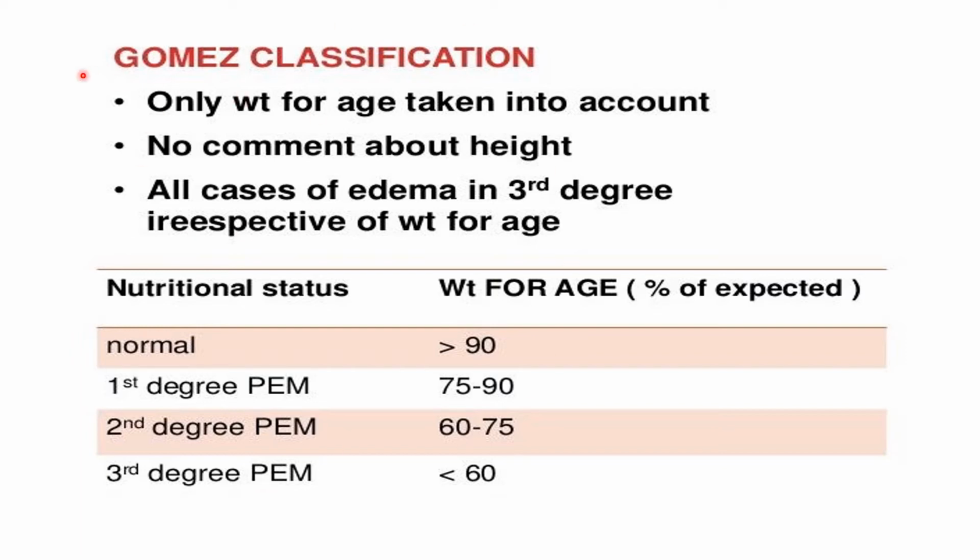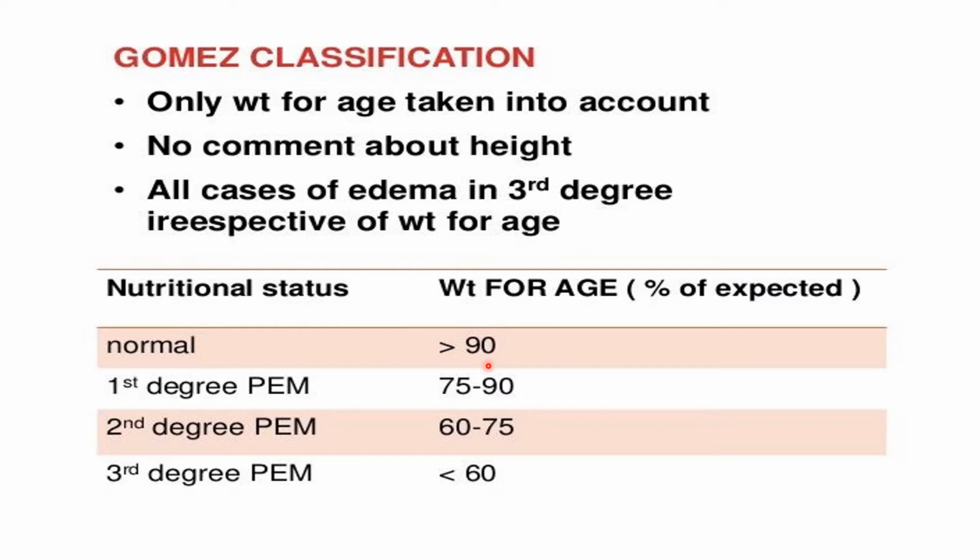So what this Gomez classification says: weight for age, weight for height and height for age are mainly the indices used for children to assess the nutritional status. According to the Gomez classification, we consider the nutritional status of a child normal if its weight for age percentage is more than 90 percent.